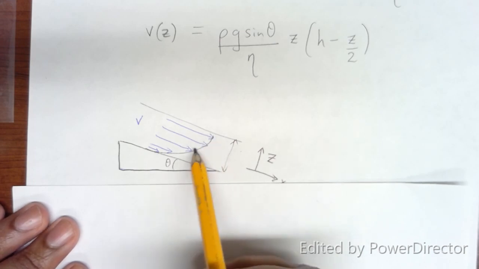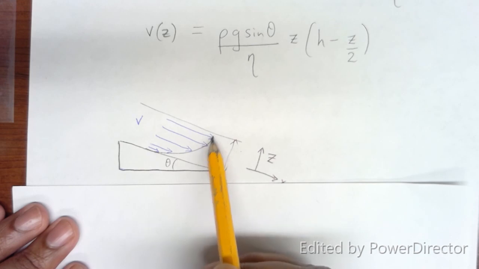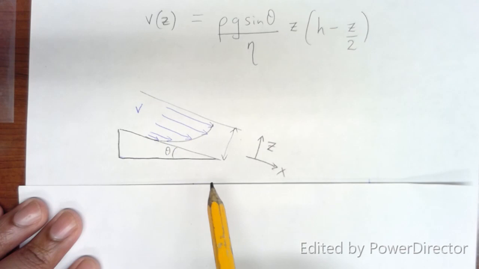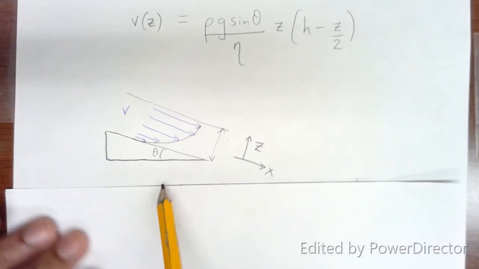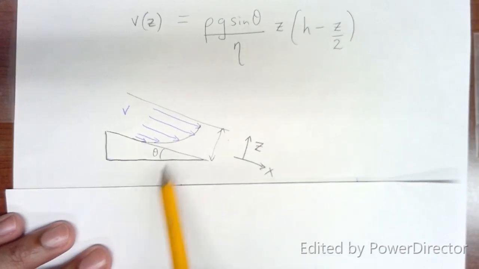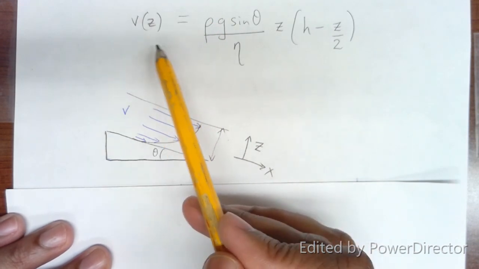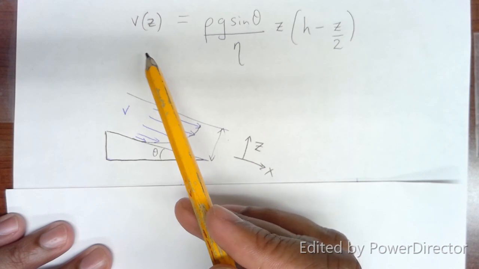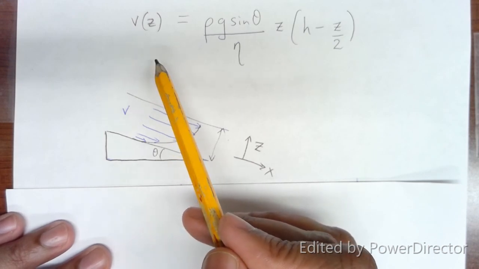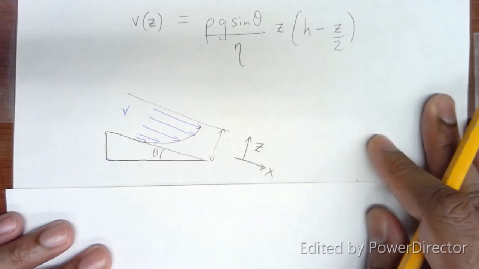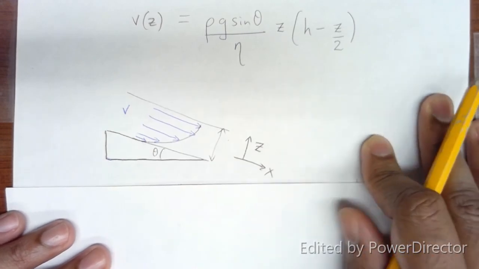Right? So that's why the derivative goes to 0, the velocity gradient goes to 0 right there. So yes, from simple physical considerations, we have determined what the velocity profile of a free-flowing, steady-flowing river on a slope is, and we can use this to get further information.